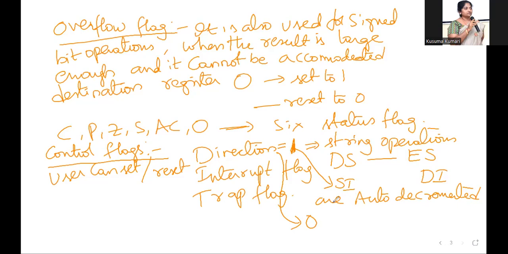It is also used for string operations, and for string operations, the data segment and extra segment can be used. For the data segment, the offset address is available in the source index register, and for the extra segment, the offset address is available in the destination index register.